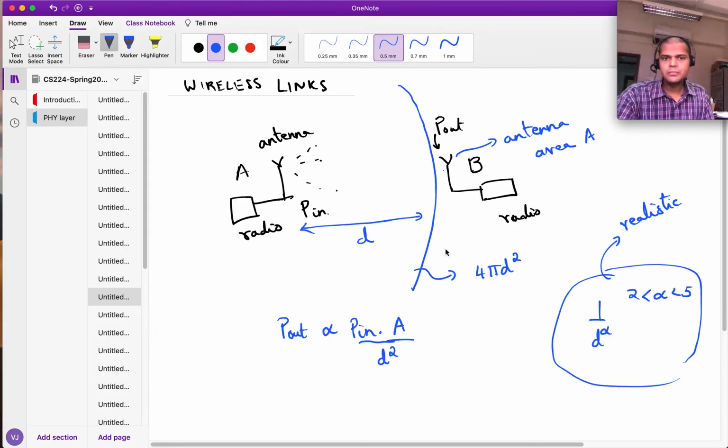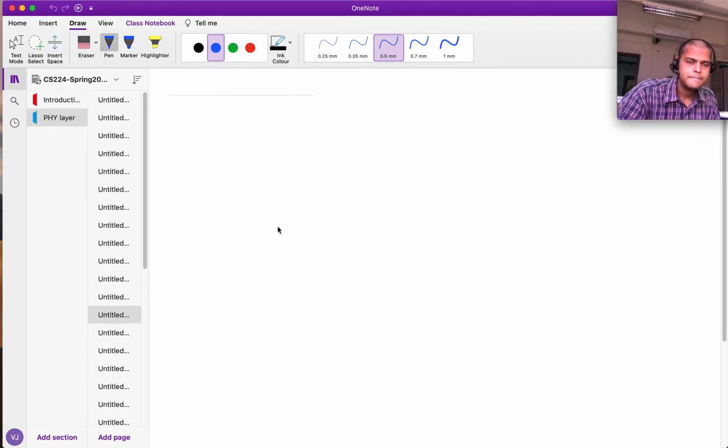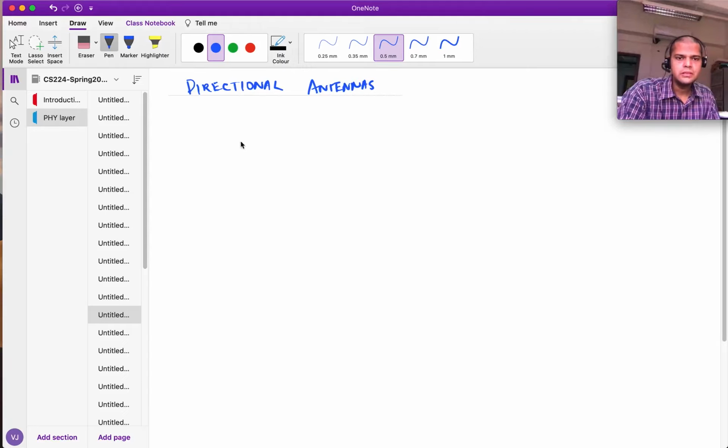But to improve performance, sometimes wireless engineers will use directional antennas. Suppose these are not mobile users, suppose they are fixed. Then you can have one antenna pointing to the other antenna, with directional antennas. You might see, let's say, some sort of a dish antenna like this.